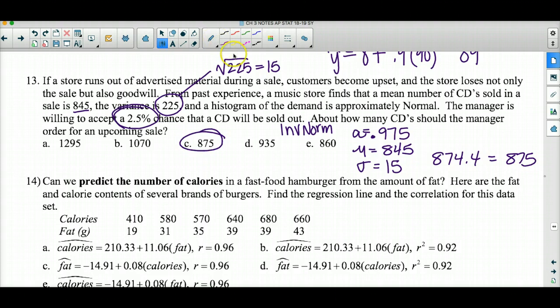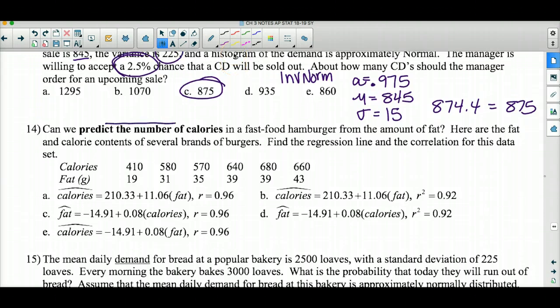So think about this. You have the mean of 845. That's the mean number that are going to be sold. And if we buy this many, you have it. And if we buy this many, you have it. And all of these, you have it. But if I hit this value, there is a 2.5% chance that they're not going to have it.